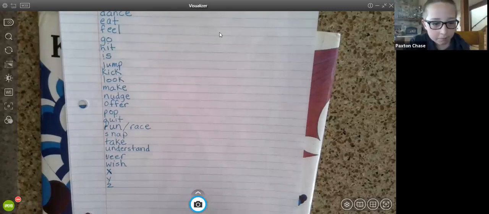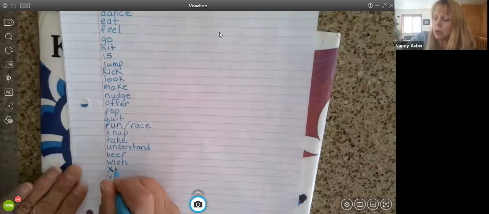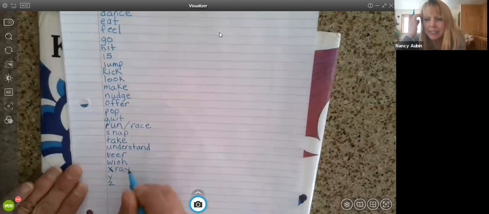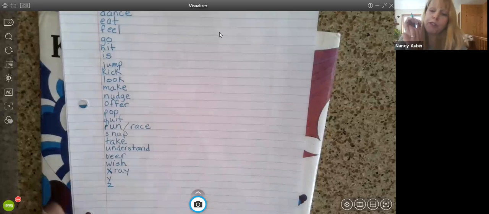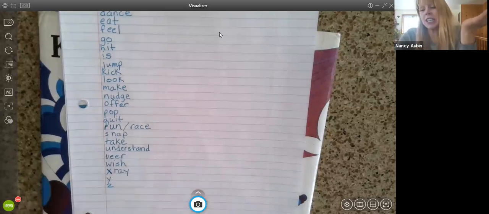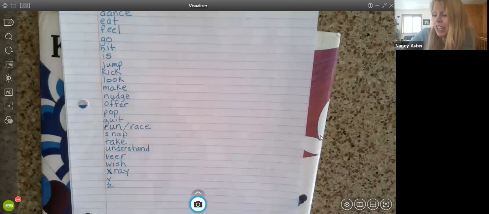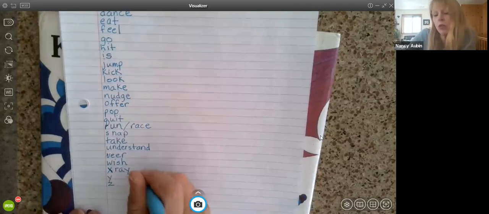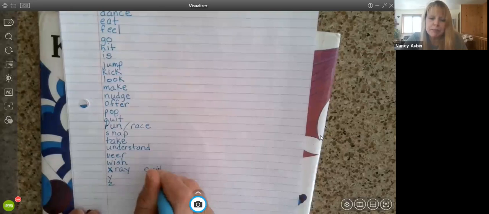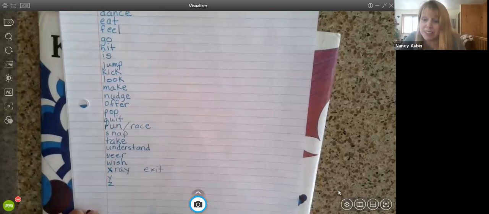X-ray. Yeah, that can be used as a noun or a verb, right? I'm going to X-ray your foot. So it means you're going to take a picture, or you have an X-ray of your foot. I'm impressed. Good job. I was thinking exit, but you'd have to add an E to it. Like I'm going to exit the building, but that doesn't actually start with an X.